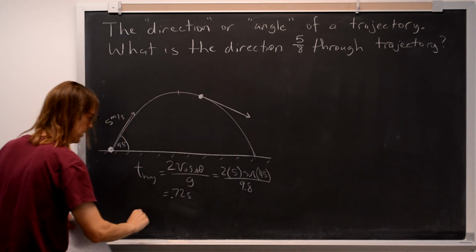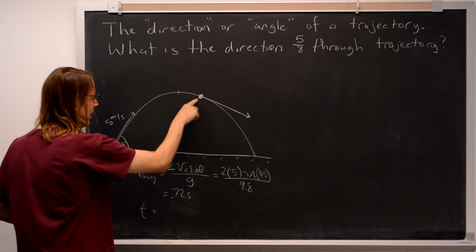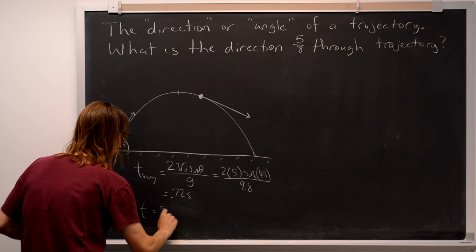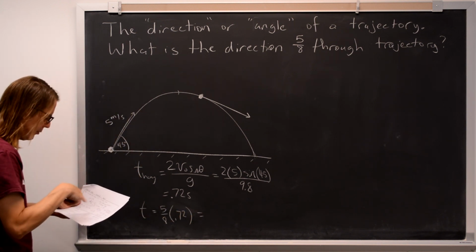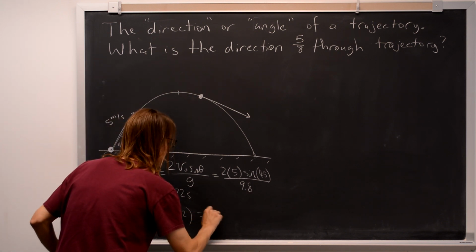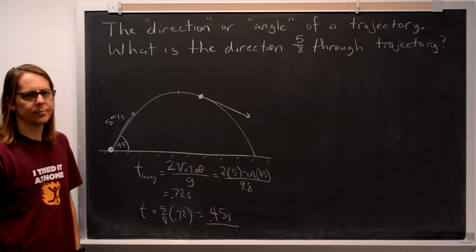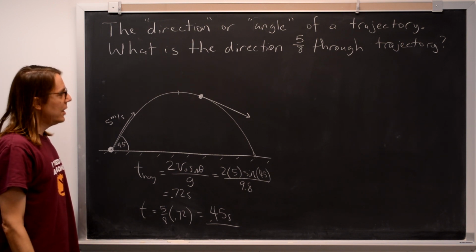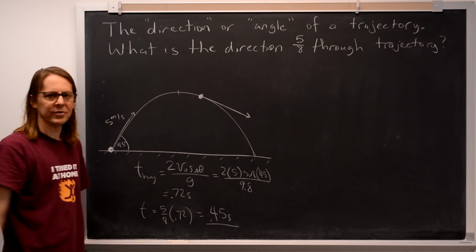We want 5/8 of the time. So T, the time we're interested in, is 5/8 times 0.72 seconds, which is 0.45 seconds. So that's when this happens. Now we just have to think about how the kinematics evolve in 0.45 seconds.